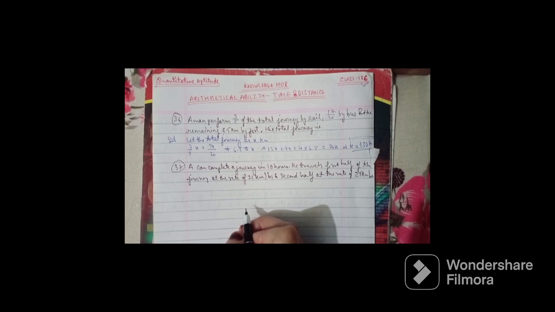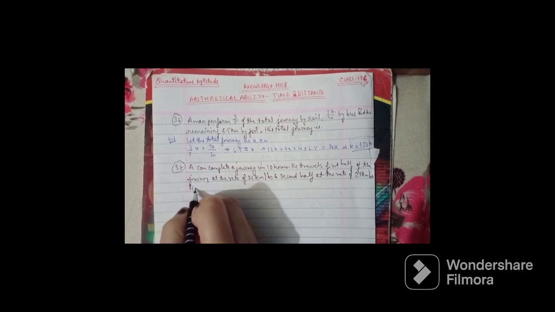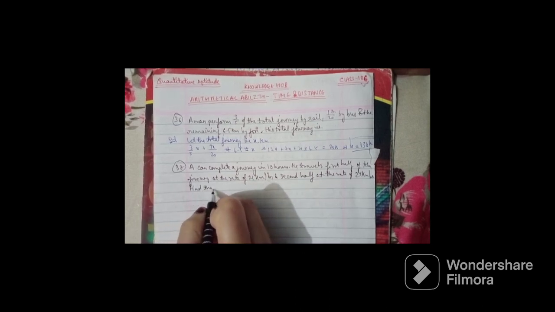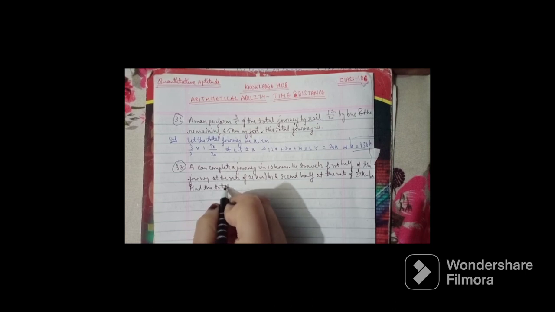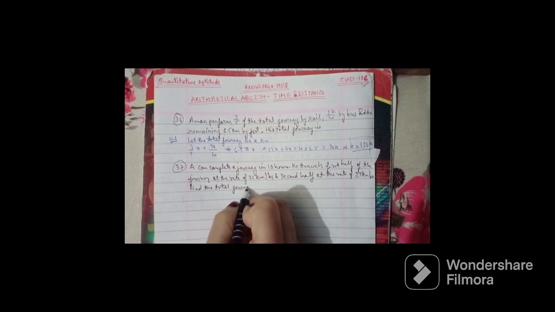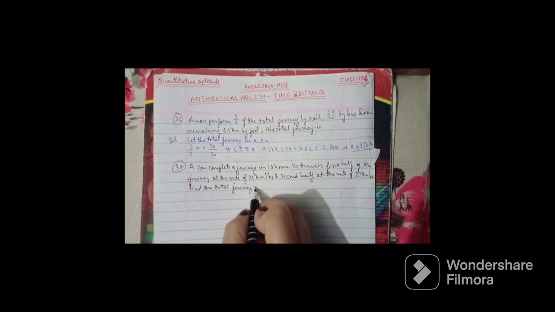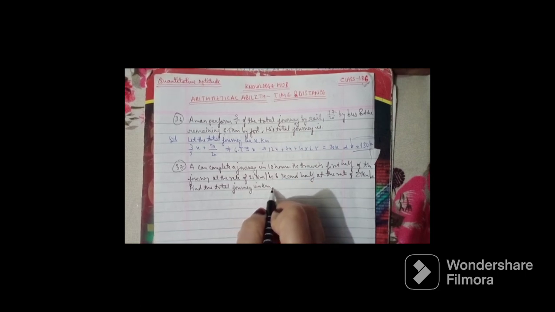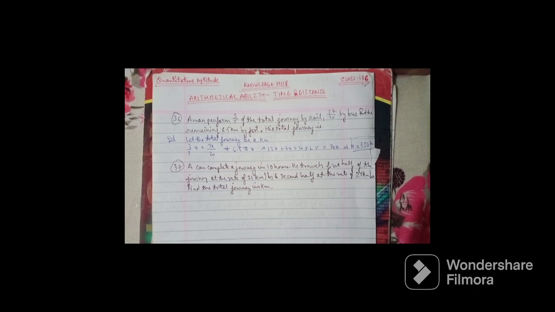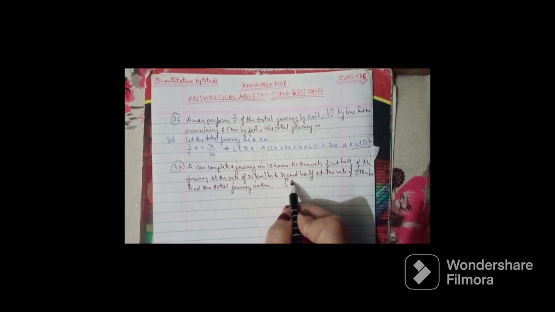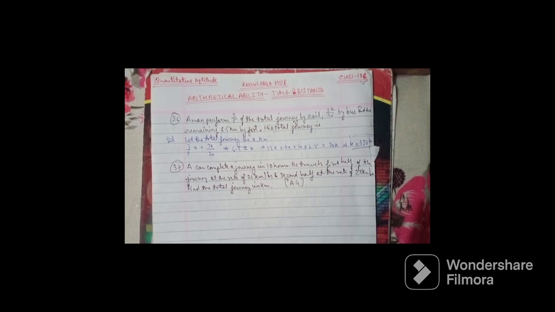Find the total journey in kilometers. Options were 220 km, 224 km, 230 km and 234 km. This was asked in the assistant grade question paper. So let's go for the same.